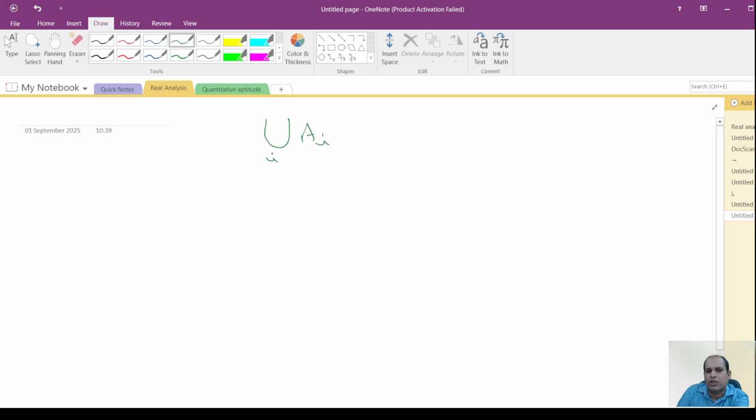Now, I can use the notation i equal to 1 to n, or i equal to 1 to infinity, of A_i, only if I know that the collection of all these sets is at most countable.